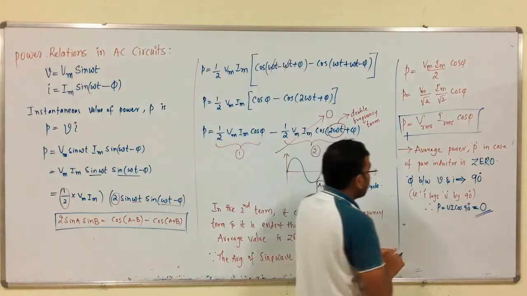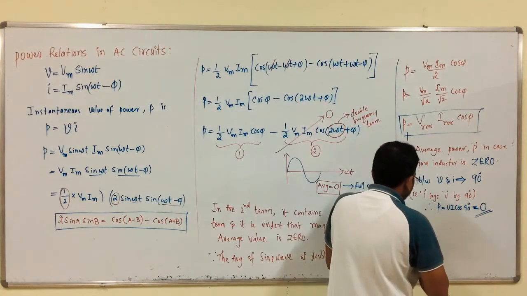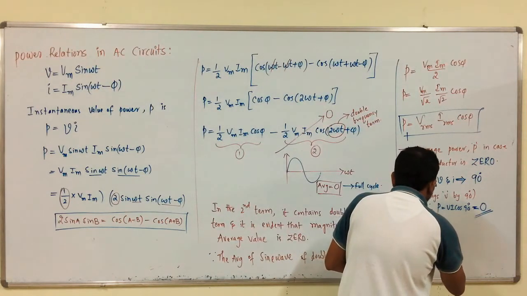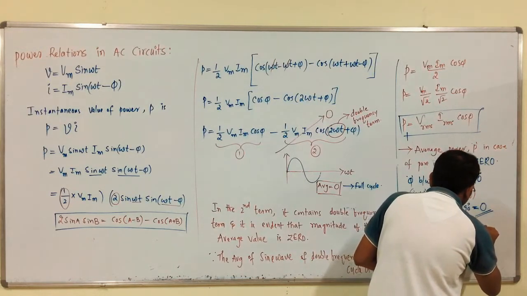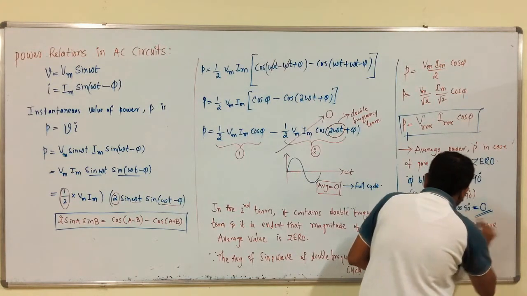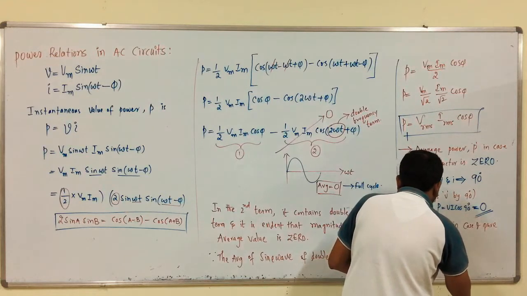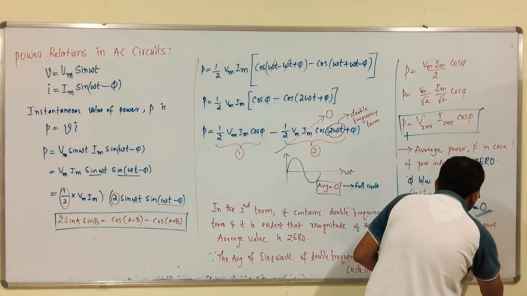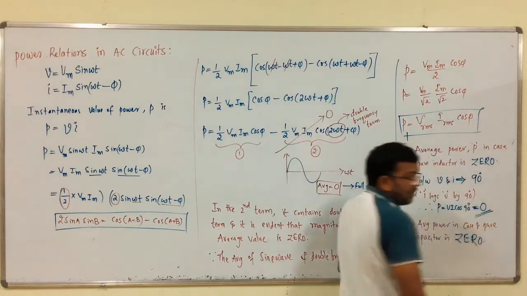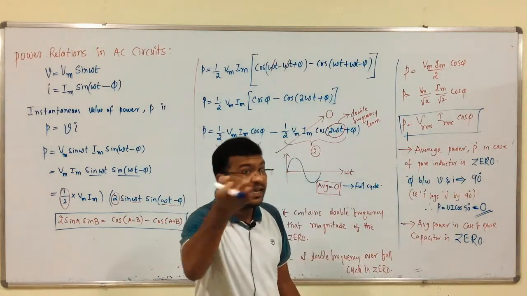Like this, the average power in case of pure capacitor is also 0. Why? Current leads voltage by exactly 90 degrees.